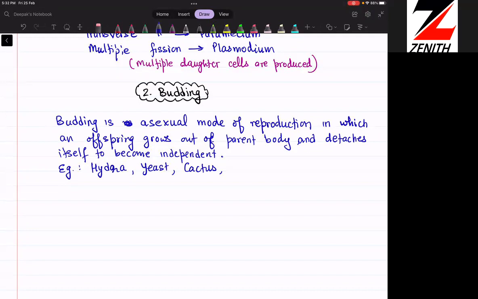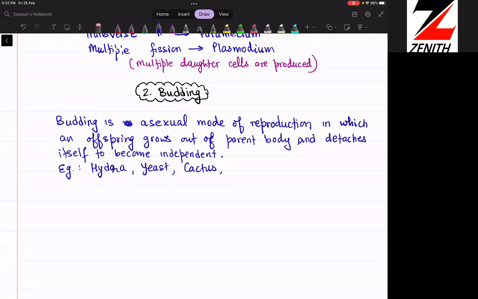One mark question: how is budding different in hydra and yeast? How is budding different in hydra and yeast? I'm posting two pics on the group. Let me know the difference.